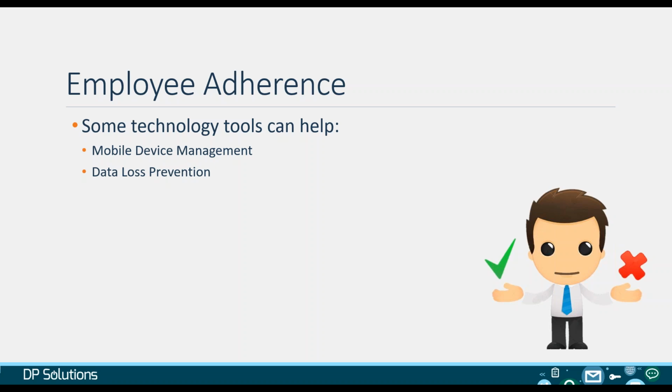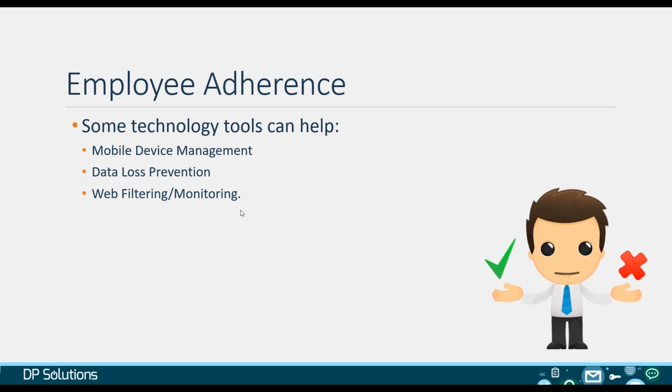If you say SSNs are forbidden to be emailed, you can create a DLP policy that forces that, so even if somebody doesn't read the policy, it's enforced anyway. Sometimes it's tricky to set those things up, and it may not be applicable in all cases, but it's nice to have those sorts of technical tools to enforce adherence.